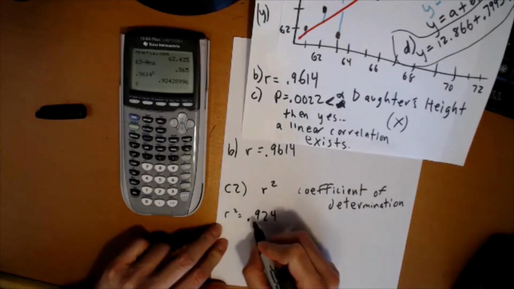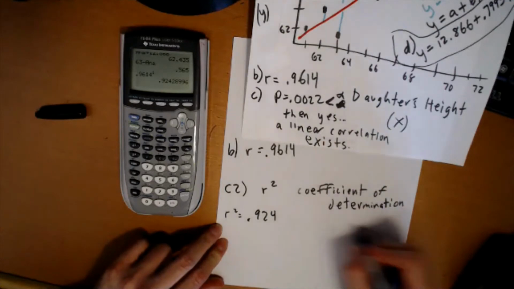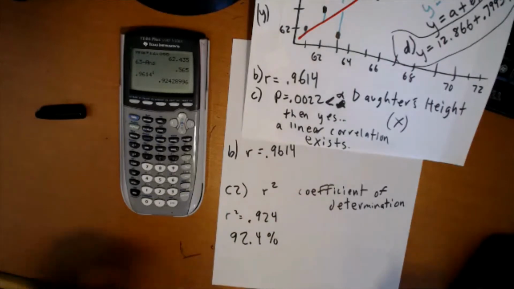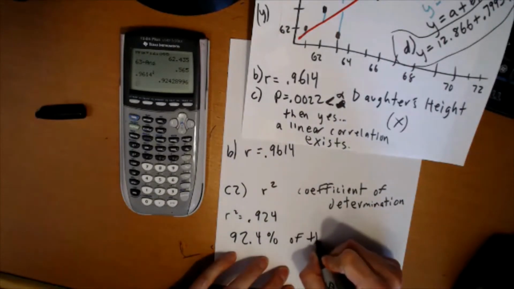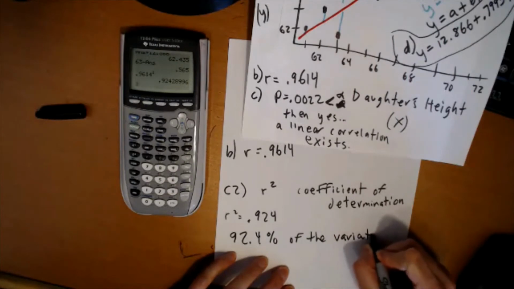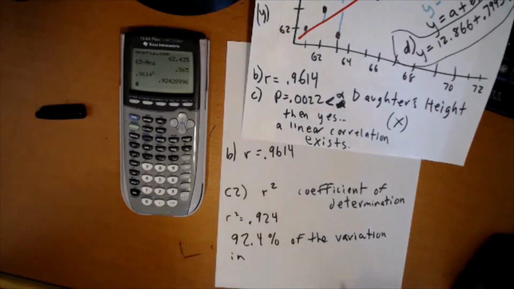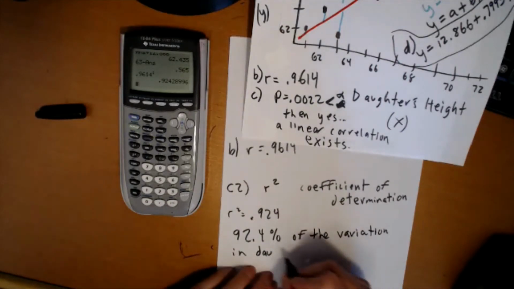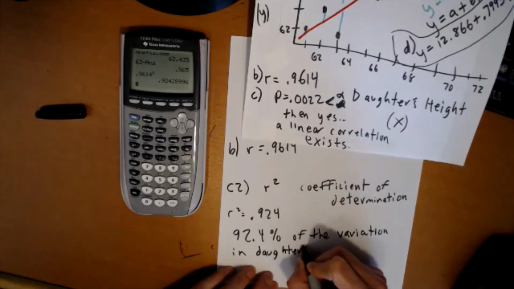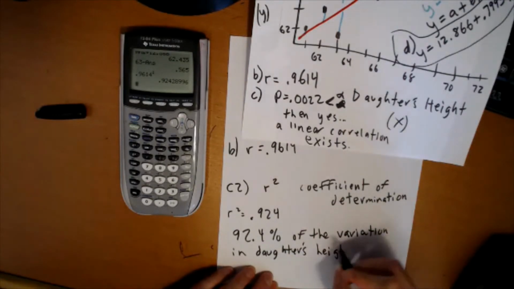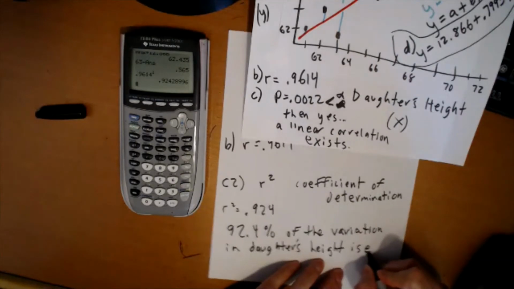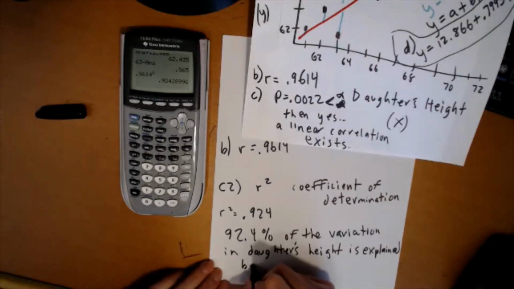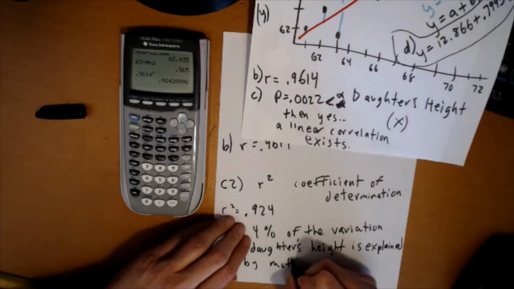So we would say that R squared is 0.924, but when we ask about what it means, we would say 92.4% of the variation in the y, the daughter's height, our response variable, is explained by mother's height.